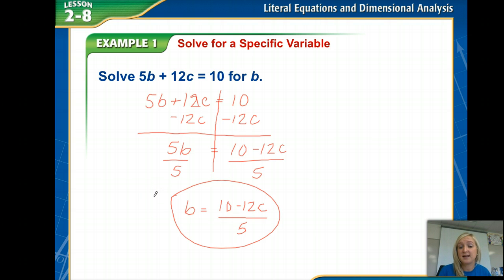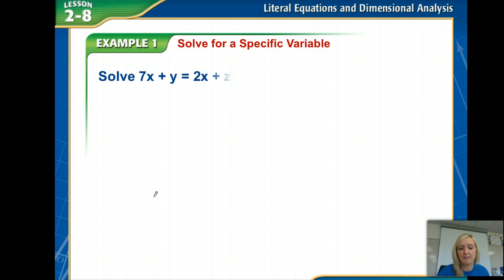So that is an example of solving a literal equation. We solve for the given variable, which in this case was the letter b. Let's move on to another example. I have 7x plus y equals 2x plus z, and we are solving for z this time. In this case, I have a z on this side, so I'm going to move things to the left side.